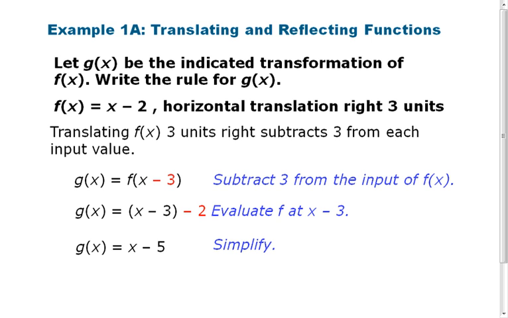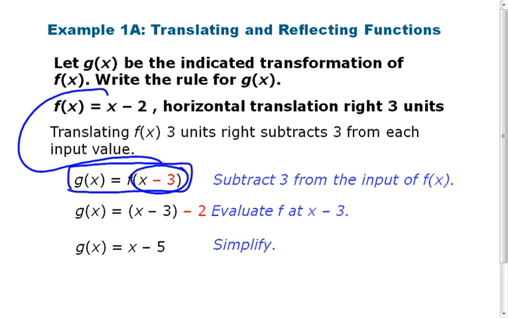So here's where the notation comes in. g of x equals f of x minus 3. So you put in this x minus 3 into your original function anywhere you see an x. That's how I like to think of it.